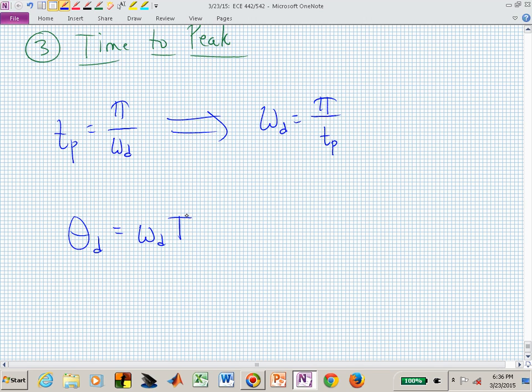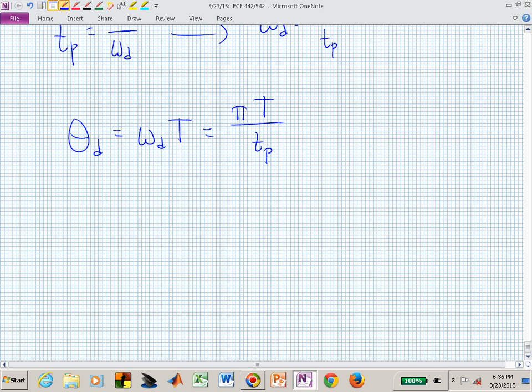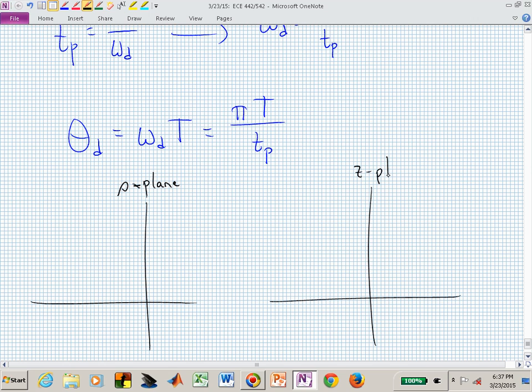That's just omega sub d times capital T, which is now pi capital T over time to peak. And what does this translate into if we have an S-plane picture and a Z-plane picture? Again, we're doing this mapping.